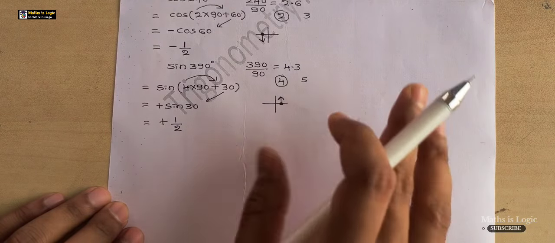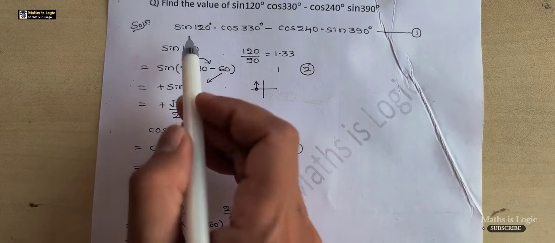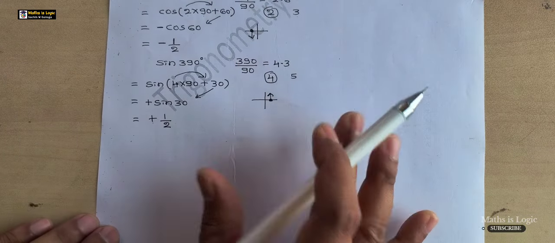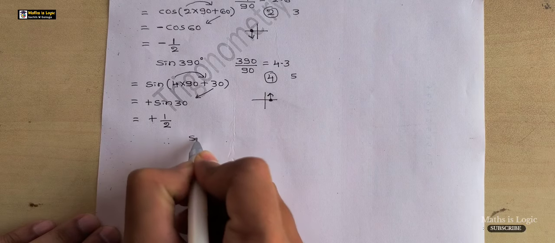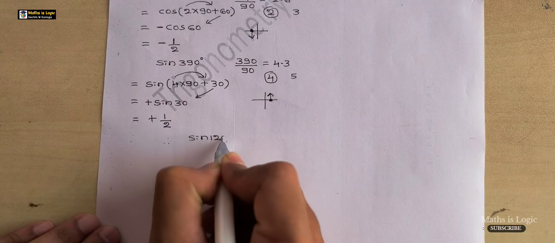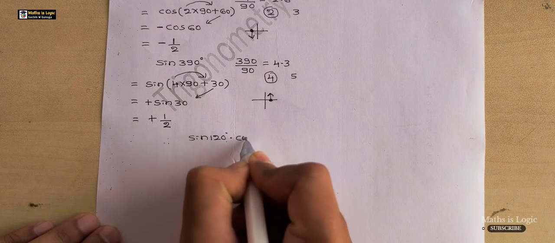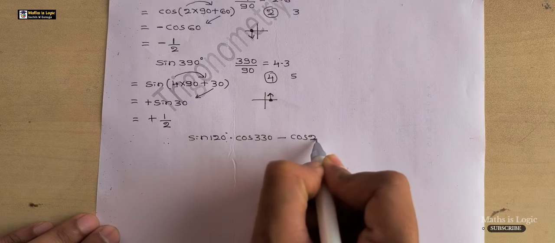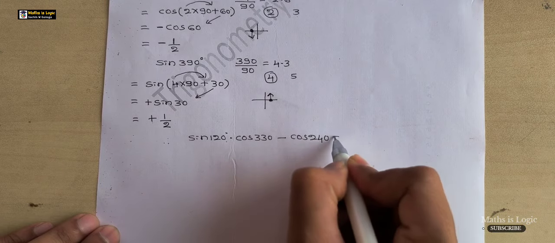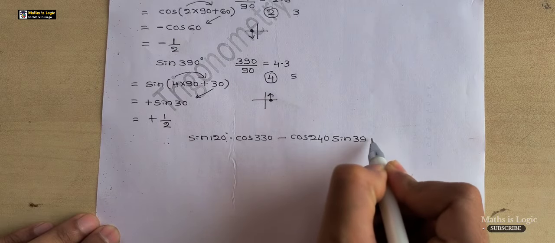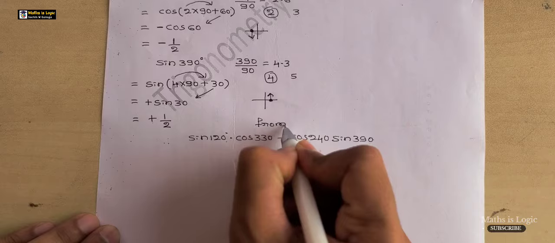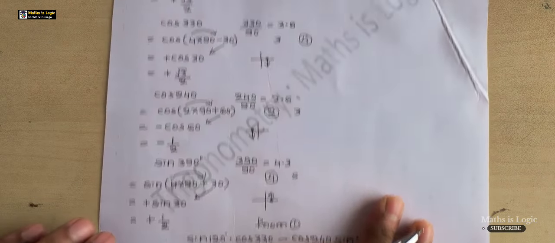After finding all the values, write the first equation. So what is that first equation? Therefore, sine 120 degree into cos 330 degree minus cos 240 into sine 390 degree from 1. Now substitute sine 120.